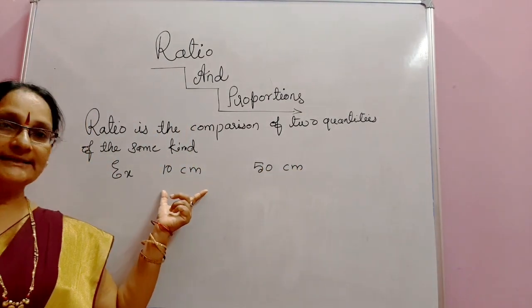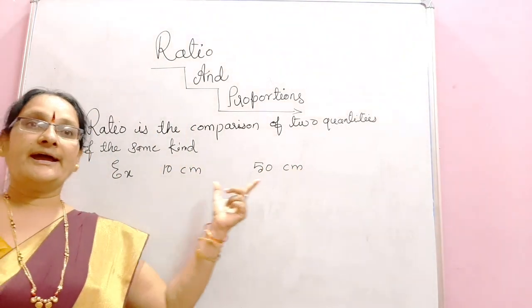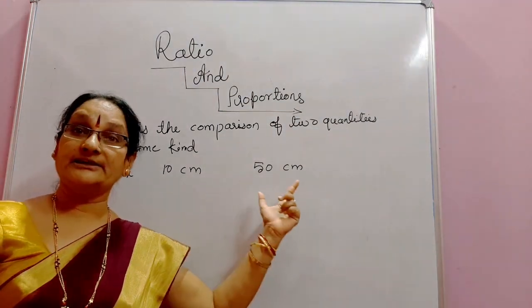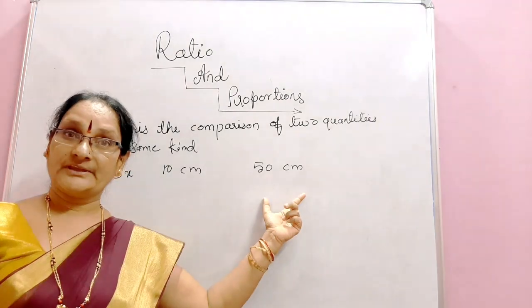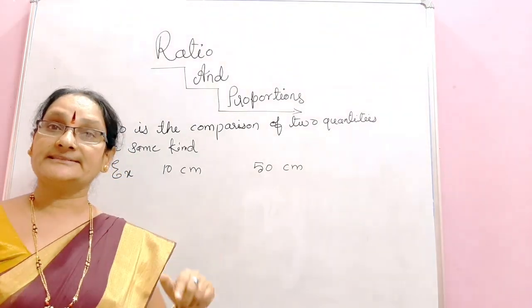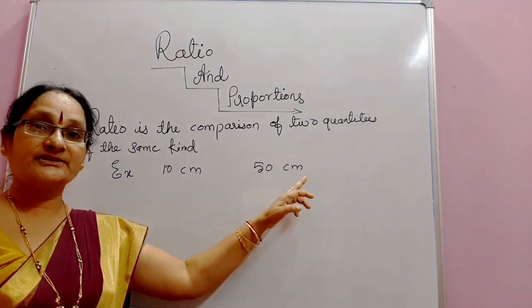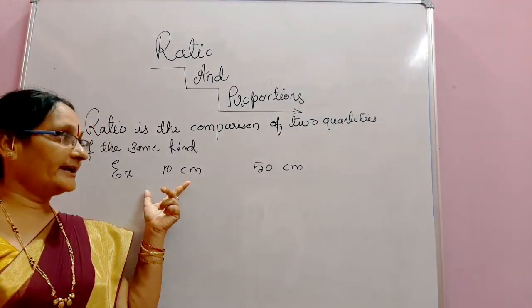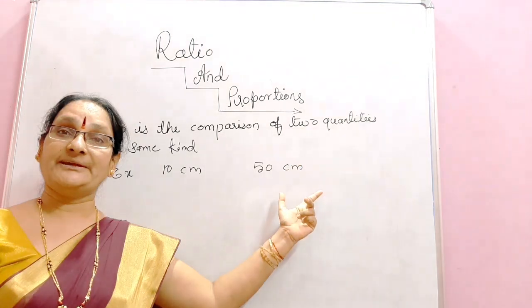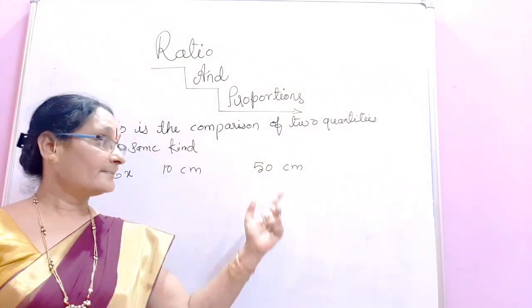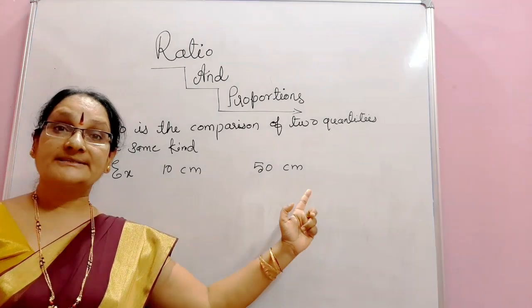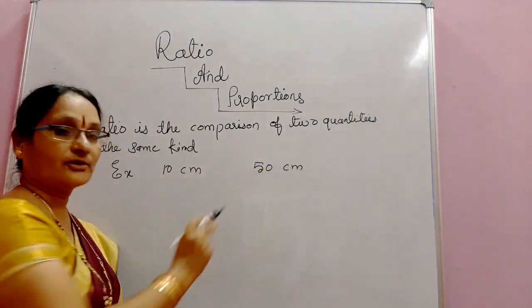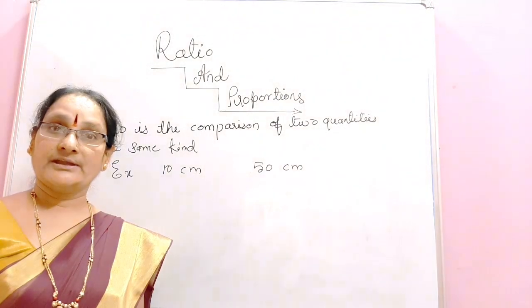This is 10 centimeter, one scale, and 50 centimeter, one ribbon. I am comparing these two quantities. They are the same kind. How can we say same kind? Both are measured in centimeter. 10 centimeter and 50 centimeter are compared because both have the same measure, centimeter. So these two are called a ratio.